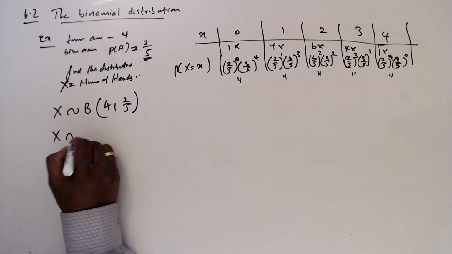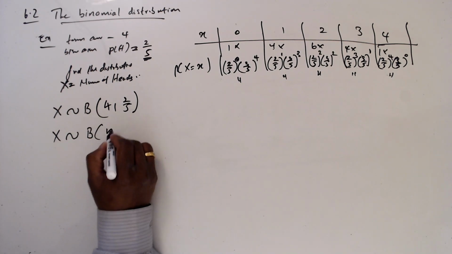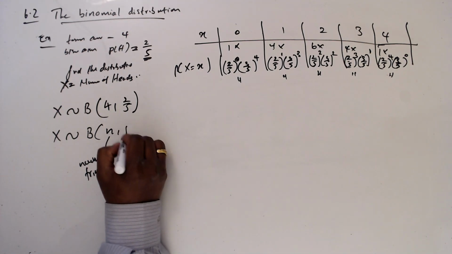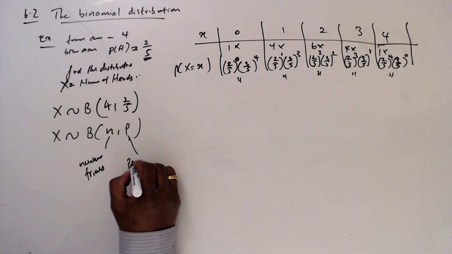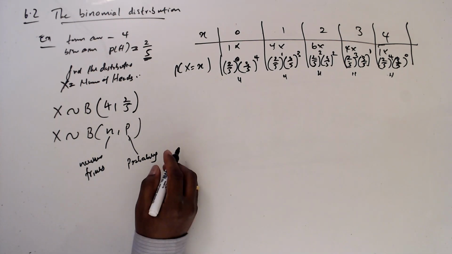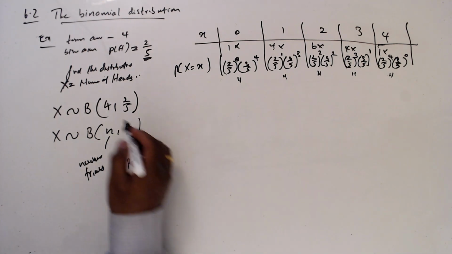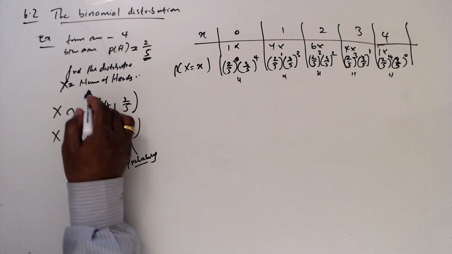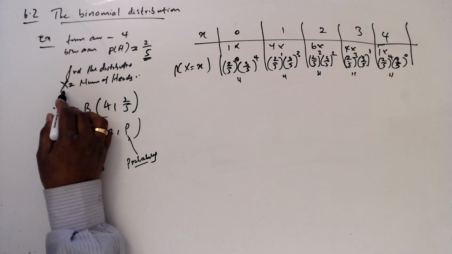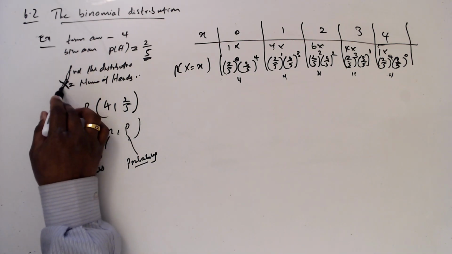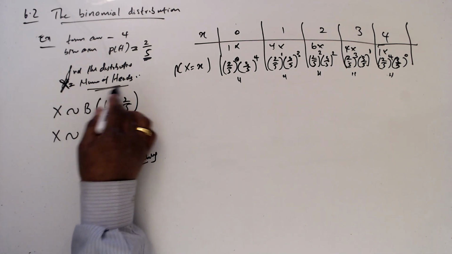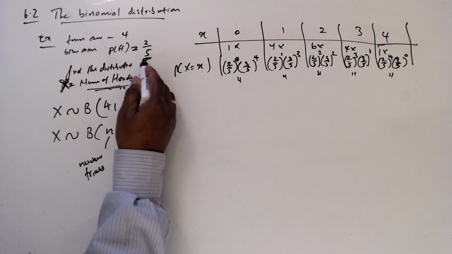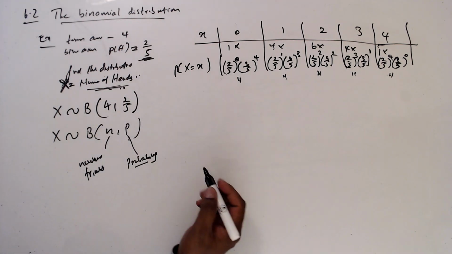The standard form is X follows binomial, n means number of trials, and p is the probability. This probability has to be the probability of our intention, what we require from that variable. So we are expecting the number of heads, so the probability belongs to having a head, 2 over 5.